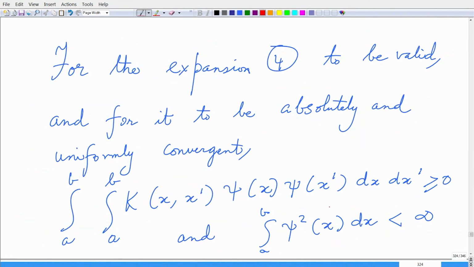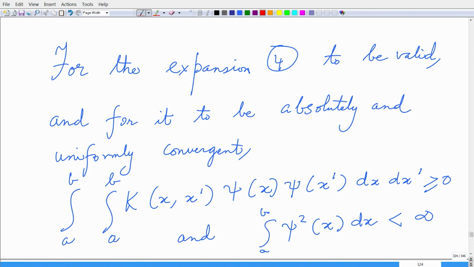Now, for this expansion to be valid, when we discuss series expansions, we have dealt with many such expansions like Fourier series, wavelet series, etc. So, when we think about any series expansion, if the expansion has to be valid, there are certain conditions that have to be satisfied.